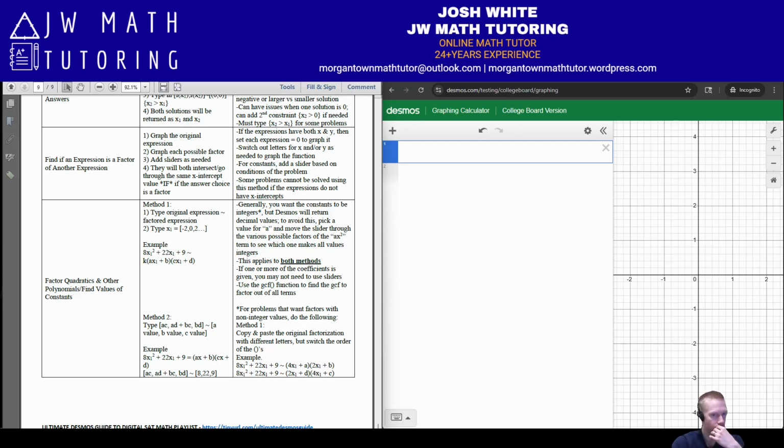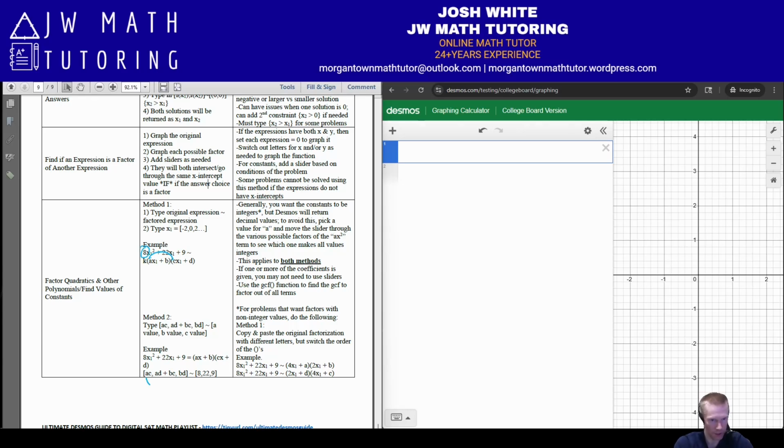Method 2 is essentially setting up a system of equations where, I'm just going to draw on the screen to help demonstrate this. If you think about this ax1 plus b times cx1 plus d, if you think about those parentheses, right, and you FOIL it out, first, outer, inner, last. So it's like the first two things multiplied here, a times c, those have to equal the a value, or 8.